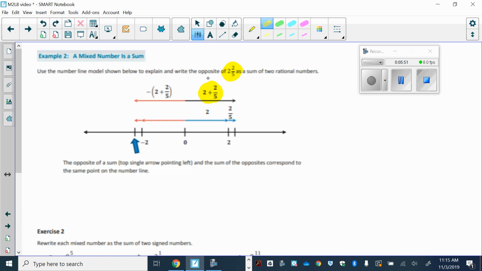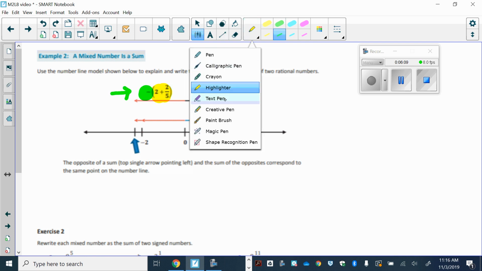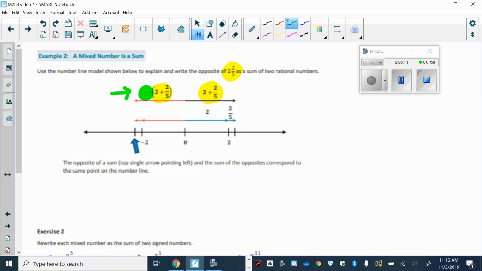Well, let's look at the opposite of 2 2/5. Inside the parentheses is still the 2 plus 2/5. But this negative on the outside means opposite.